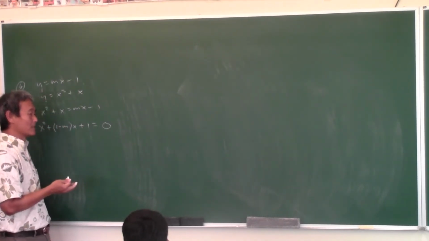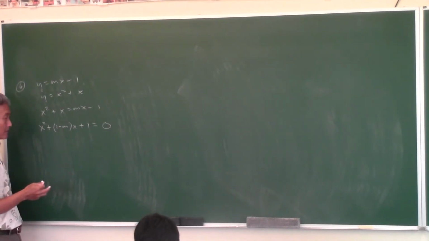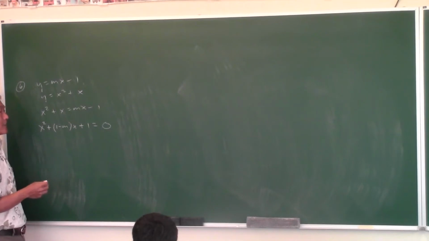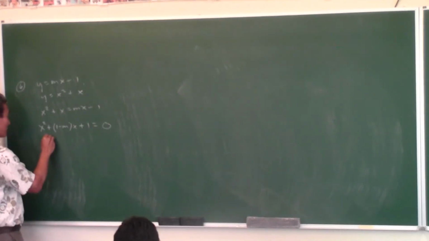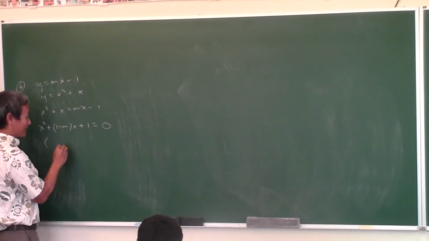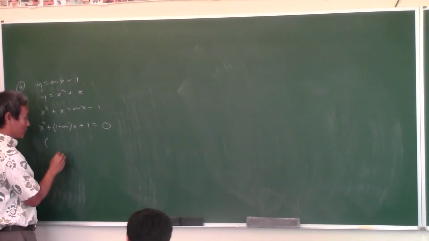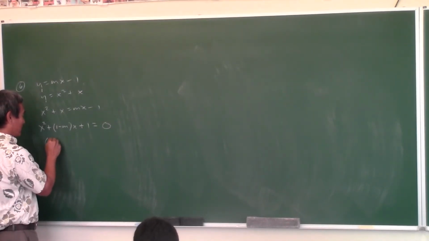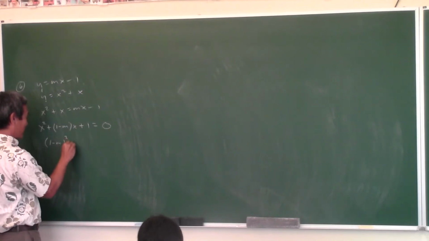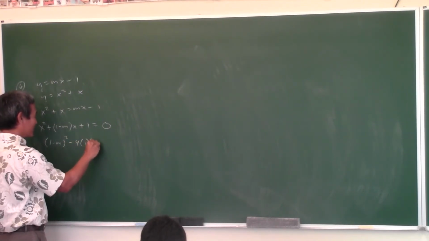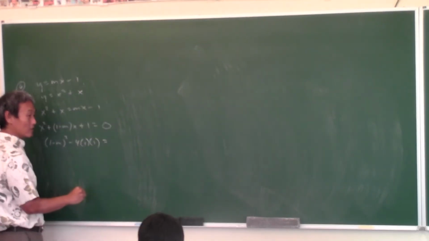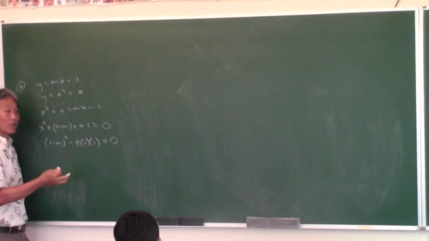What tells you how many solutions a quadratic equation has? The discriminant. You don't get any points for that, you gotta know what to do. B squared minus 4ac has to equal 0 because there's only one solution.